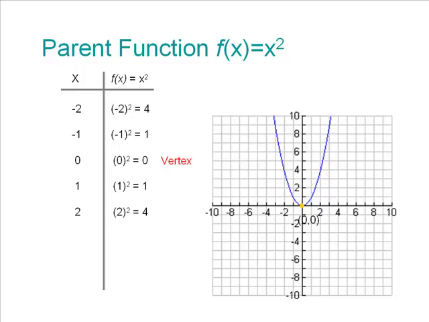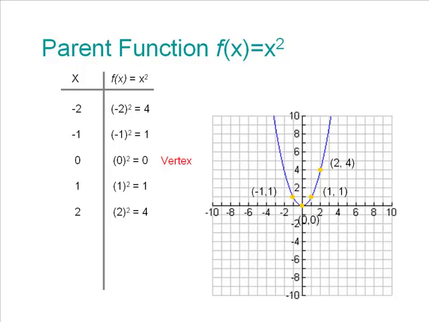We want to begin by looking at the vertex. If we keep this pattern, then in every parabola that we look at with these 5 points, the center one is going to be the vertex. So the vertex of this parabola is at 0, 0. Then we have 1, 1, and 2, 4.